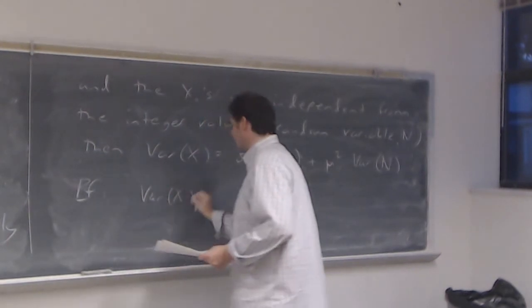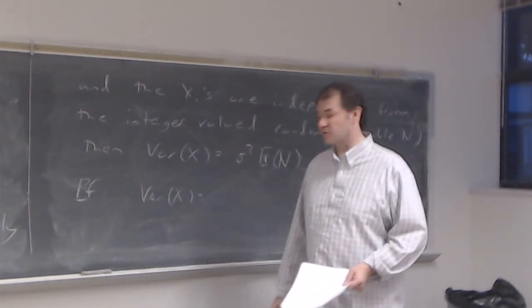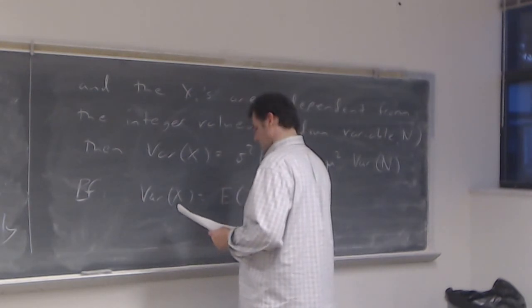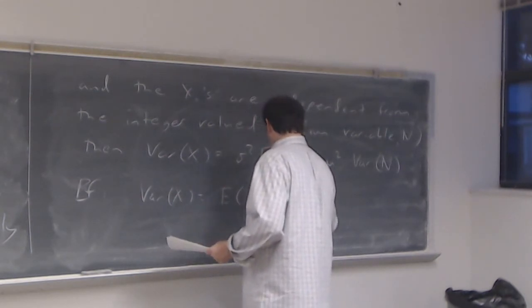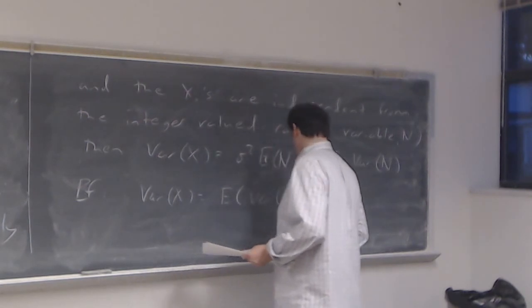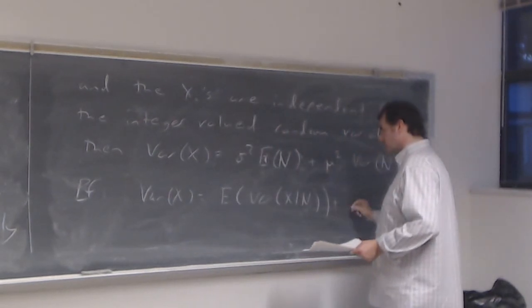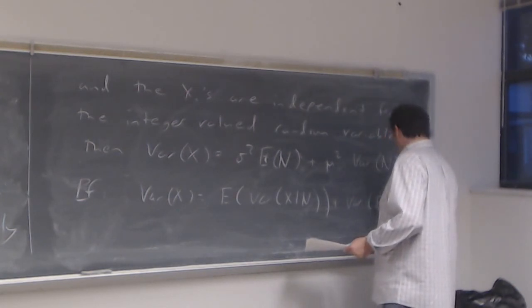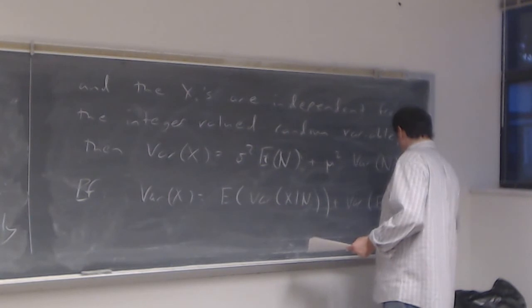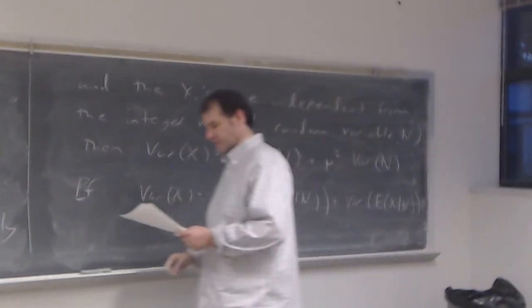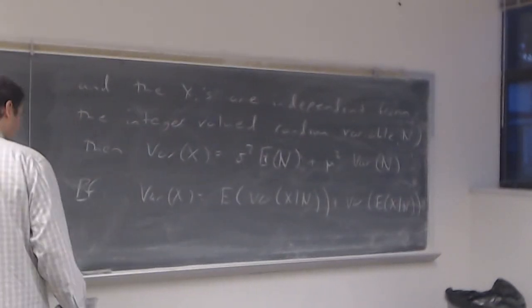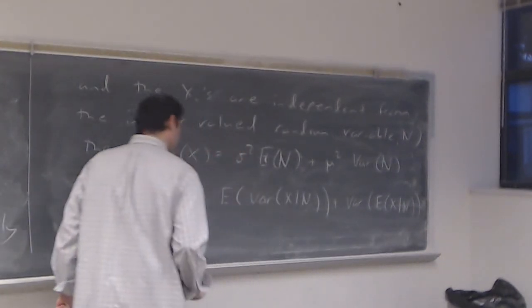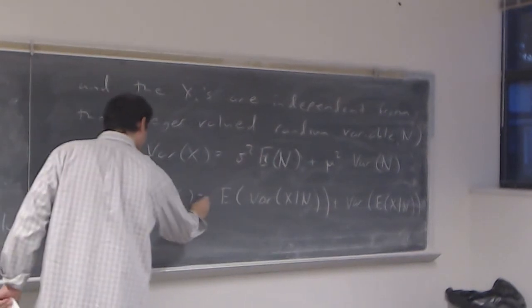Well, the variance of X by the conditional variance formula is equal to the expected value of the conditional variance of X given N, plus the variance of the conditional expectation of X given N. So we're going to look at each one of these independently. The first thing I'm going to look at is this conditional variance and then take its expected value.